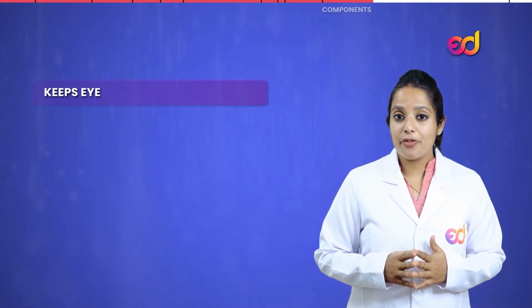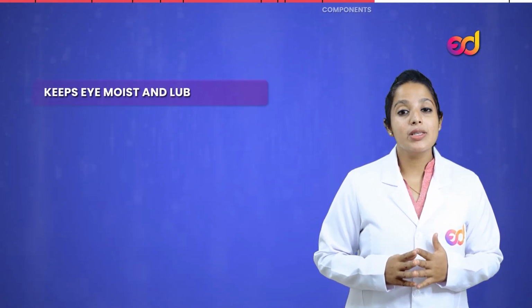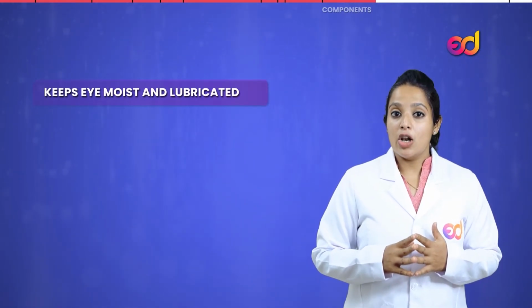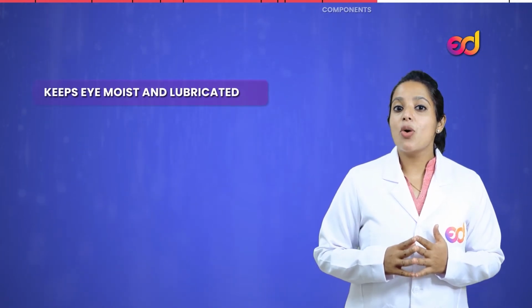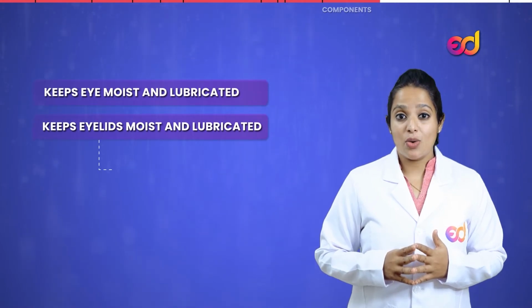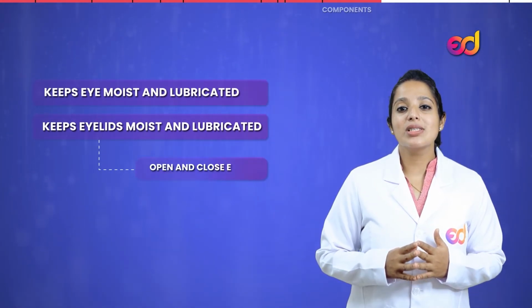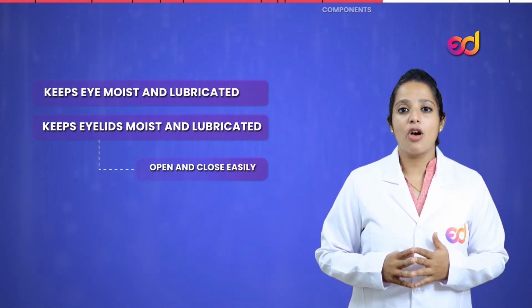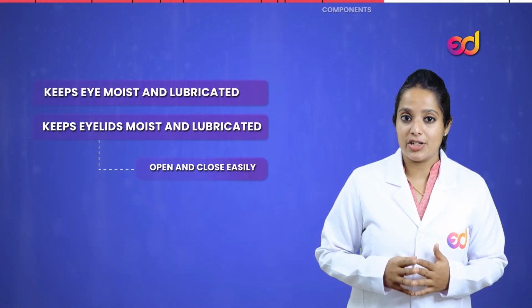Okay, so what are the primary functions of the conjunctiva? It keeps the front surface of the eye moist and lubricated. Along with the surface of the eye, it also keeps the inner surface of the eyelids moist and lubricated so that they open and close easily without any friction or causing any eye irritation.